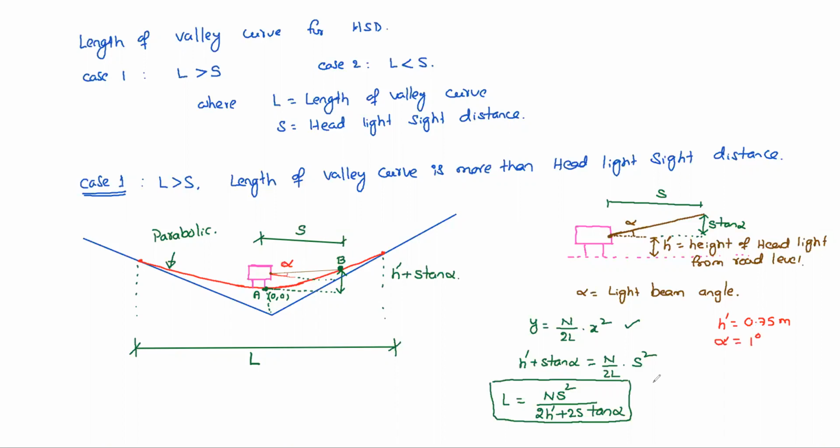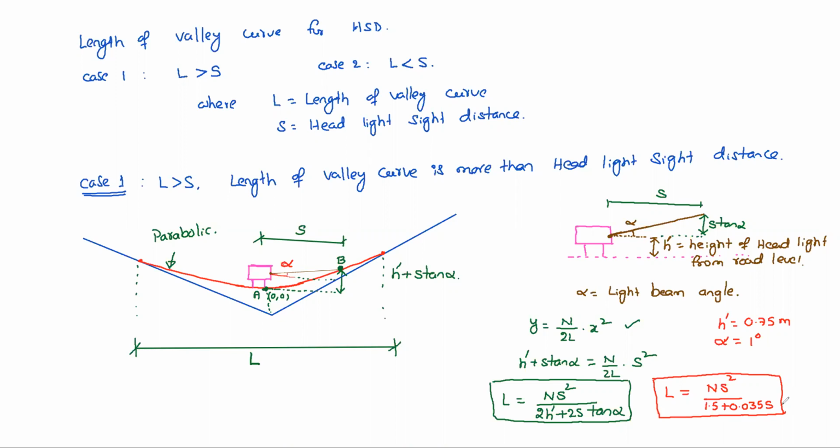If you substitute this, you get L equal to ns square by, 2 into 0.75 is 1.5, plus 2s tan alpha, so tan 1 degree is 0.035. This also can be used. If nothing is mentioned for alpha and h dash, then by default you can take these values, and now the formula is L equal to ns square by 1.5 plus 0.035s.